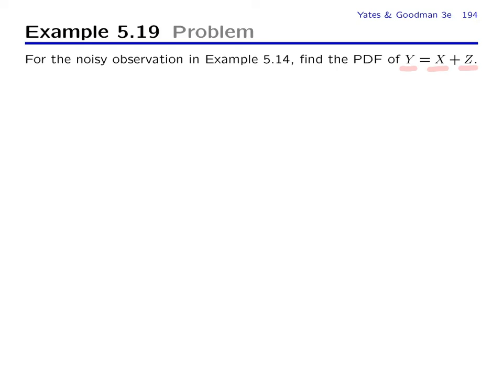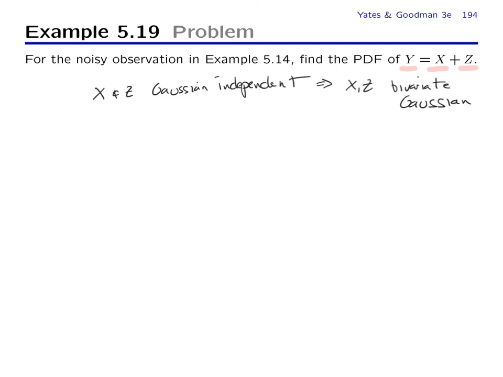So the thing to keep in mind is that x and z Gaussian and independent is a special case that implies x and z are bivariate Gaussian. And then it follows from theorem 5.21, the theorem we just saw, that y equal to x plus z is also Gaussian.